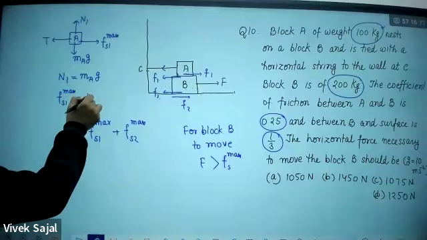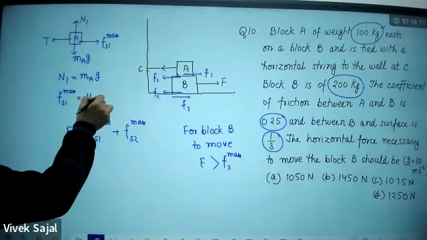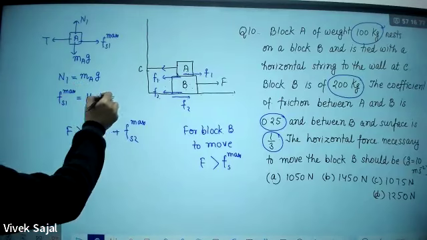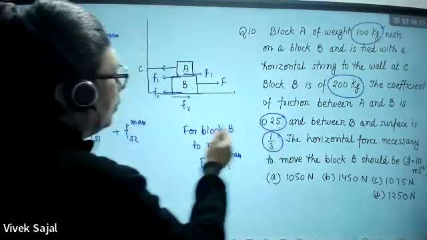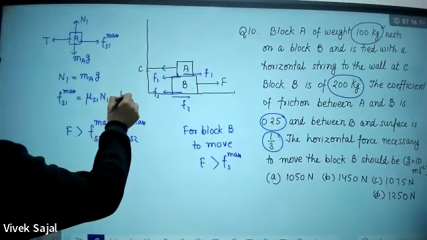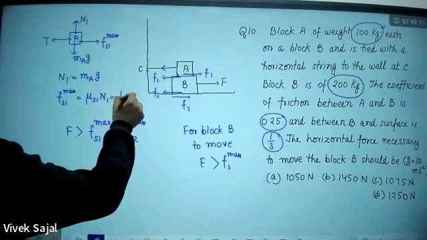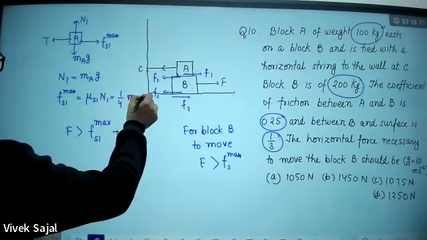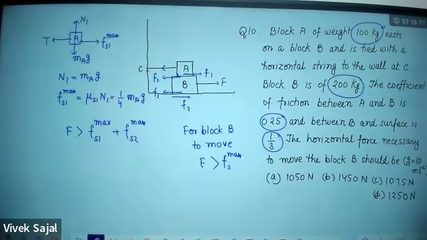That will be mu S1 N1. Mu S1 is how much? 0.25 or 1 by 4. And N1 is MA into G. ठीक है? 1 by 4 MA into G.